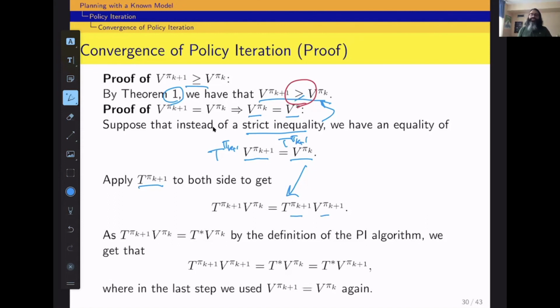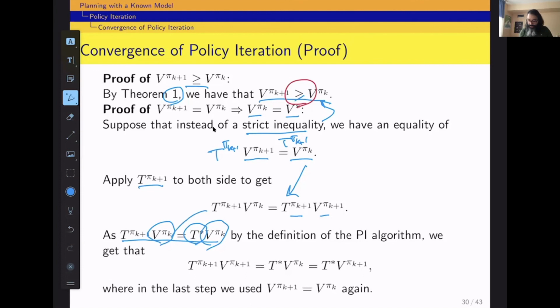Also, the other thing is that what is V pi k plus 1? It's a greedy policy. So it satisfies this equation that T of pi k plus 1 applied to V pi k is the same as the Bellman optimality operator being applied to V pi k. So this means that, okay, just substitute it.